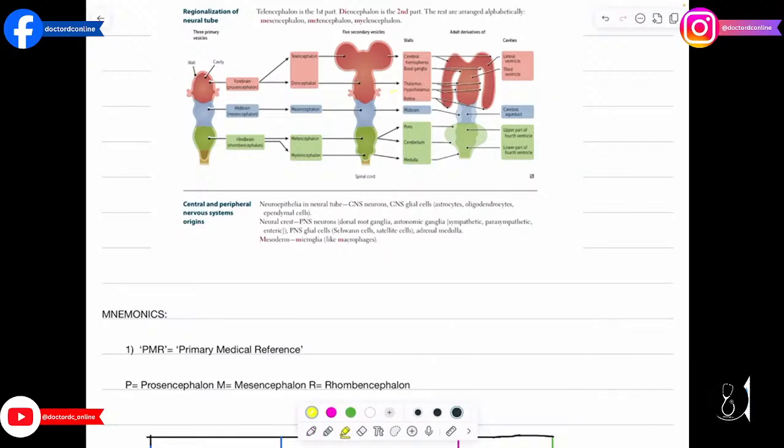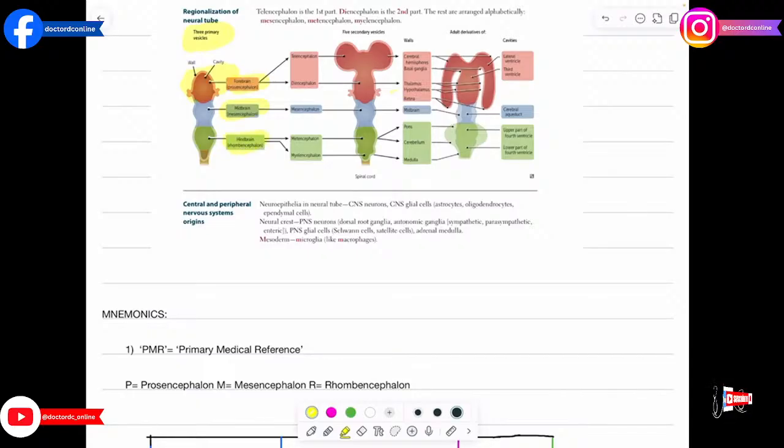First of all, let's talk about the primary brain vesicles. At week 4 of embryogenesis, the closed neural tube begins to expand and differentiate at its rostral head end. This results in 3 bulges or primary brain vesicles.